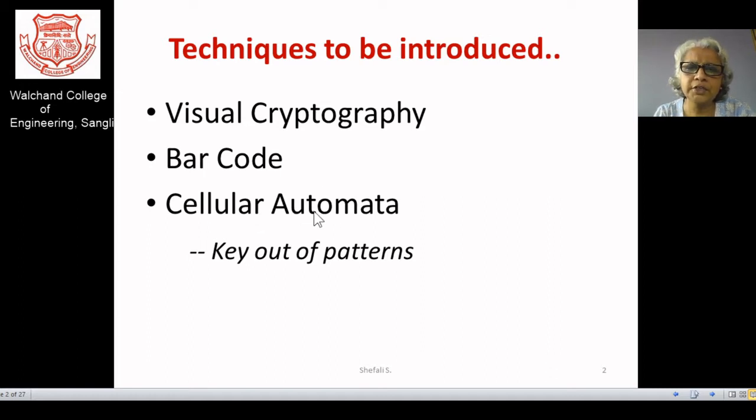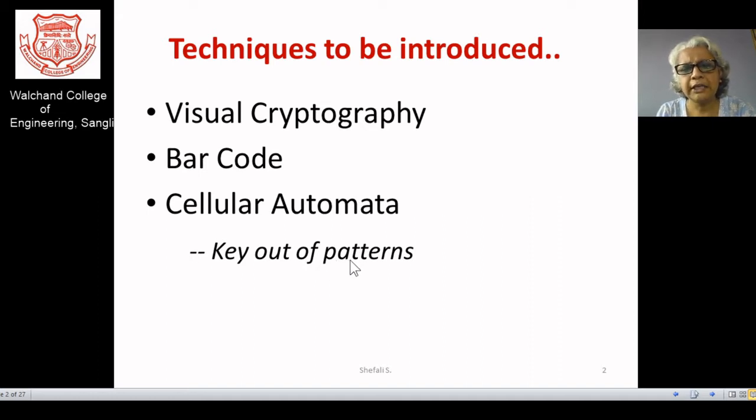The area of interest for me actually is cellular automata. This has potential application in the field, and in what way we can use this, I'll give you some idea of it here. Some of the keys are very important in your cryptographic applications.